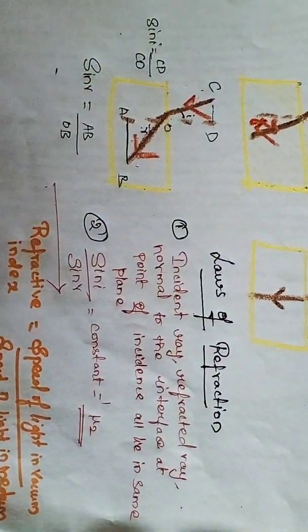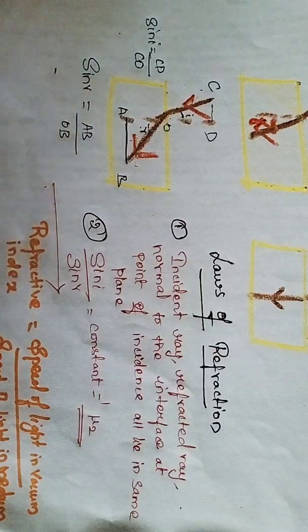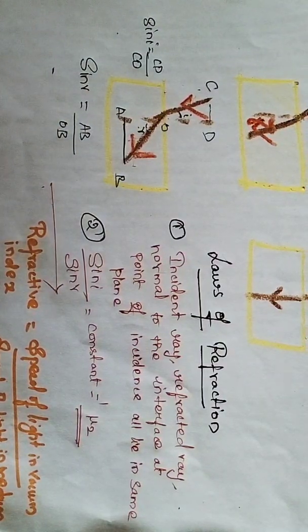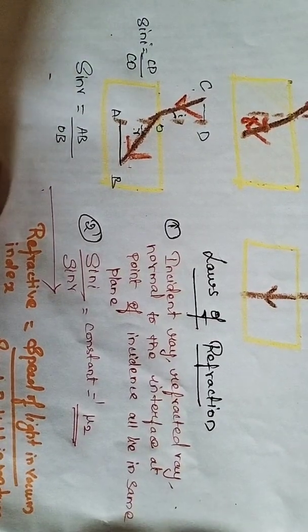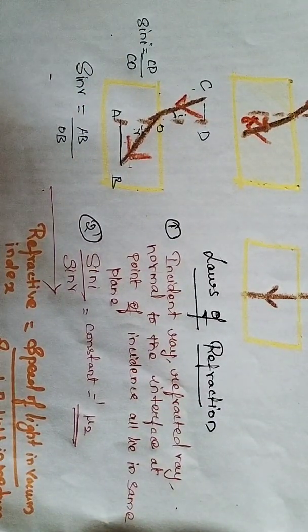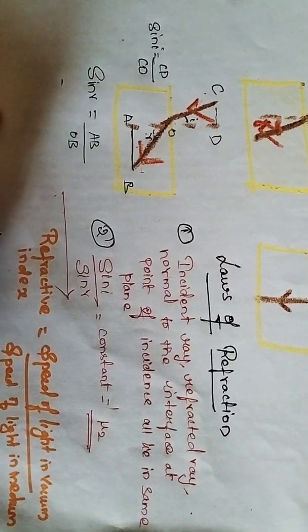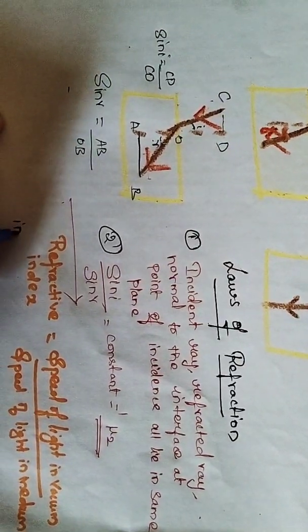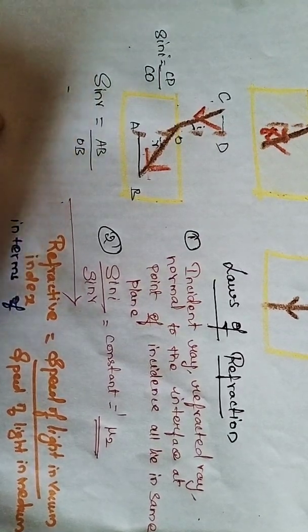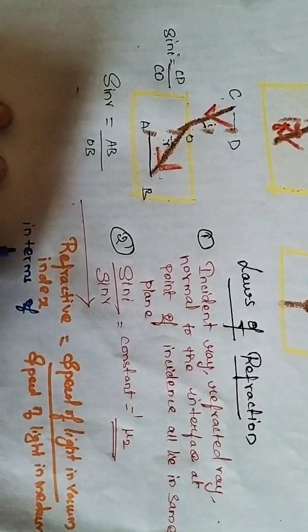So another formula is also there. The refractive index of a medium, another formula is also there, in terms of wavelength. This is in terms of speed. I will give separate color because we have to remember. This is in terms of speed.